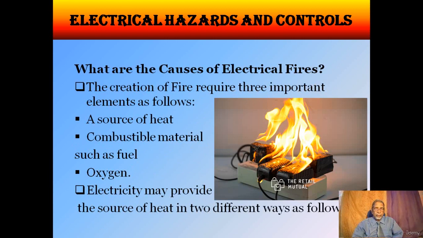If you want to create a fire, you need three things: a source of heat, then combustible materials such as fuel or some other thing, and the other one is oxygen. So you need all these three elements. Electricity may provide the source of heat in two different ways as follows.